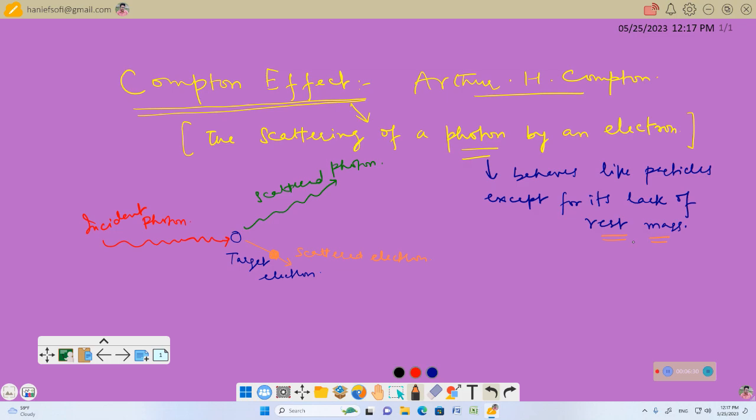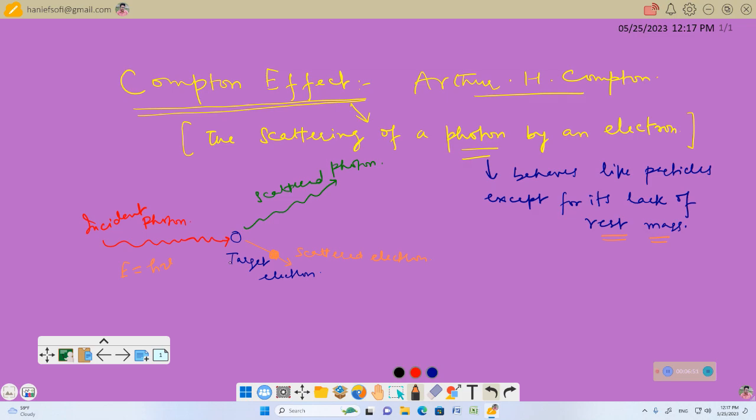Now, in this phenomenon, this incident photon has some energy. For example, we know photon's energy is h nu, where h is Planck's constant, nu is the frequency of the wave. So this incident photon has some energy.